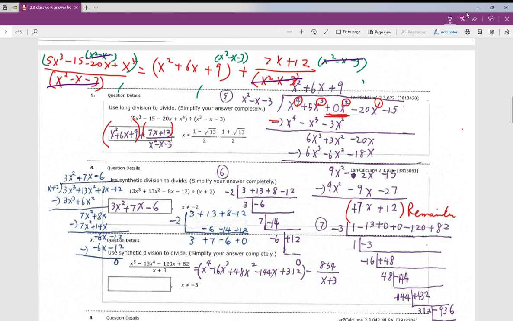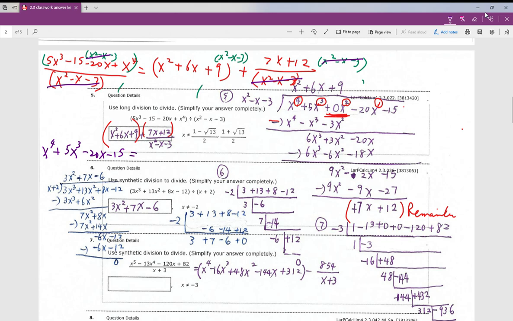my dividend 5x cubed minus 20x. Well, I have x fourth degree first, right? So if I write down in descending order, I have x fourth plus 5x cubed take away 20x take away 15 from here because this cancels out.